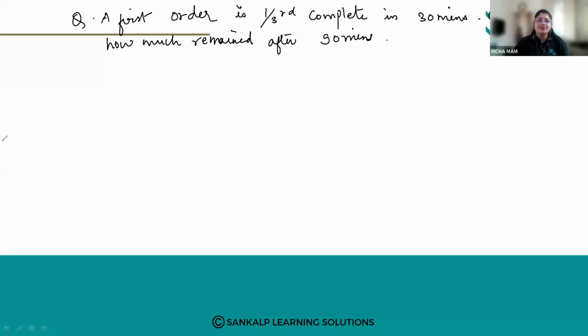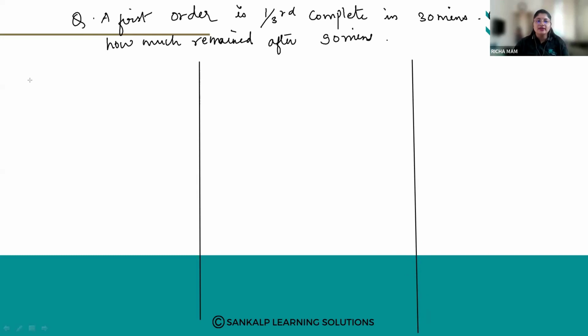Okay, so a first order reaction is 1/3 complete in 30 minutes. Calculate how much remained after 90 minutes.